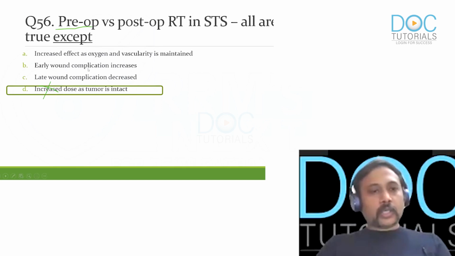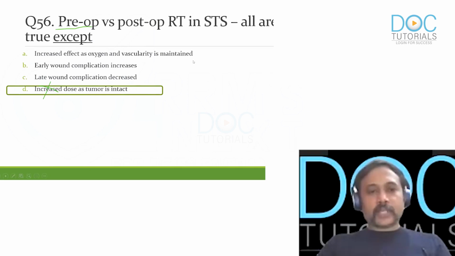Then you have your early wound complications which do increase. So the wound healing problems usually happen when you give your preoperative or your neoadjuvant radiation. On the other hand, the late wound complications like your formation of fibrosis, formation of contractures, all this is found to be less when you're going to give your preoperative RT vis-a-vis your postoperative adjuvant radiation.